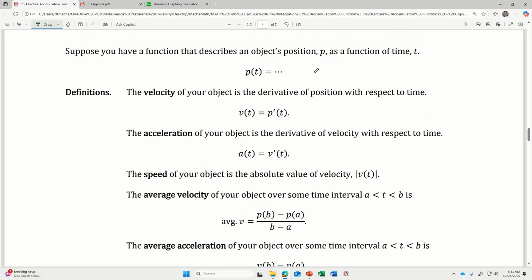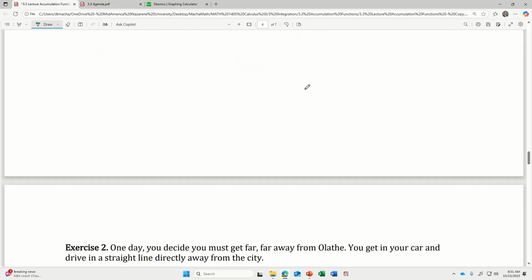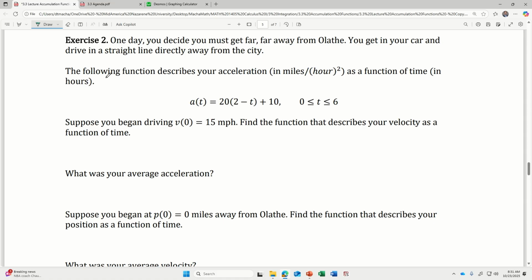So I don't need to read all these to you, but you remember that if I have a function that describes position as a function of time, and I take the derivative with respect to time, I get velocity. And if I take the derivative of velocity, I get acceleration. So we're going to do the same thing now. But now that we can do antiderivatives, we can do a little bit more here.